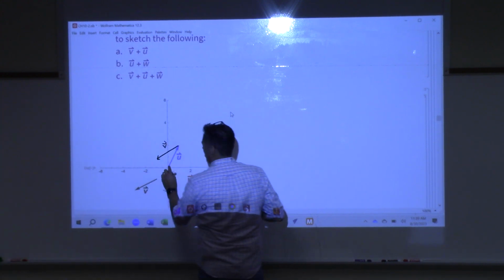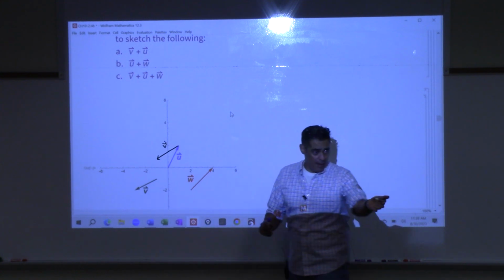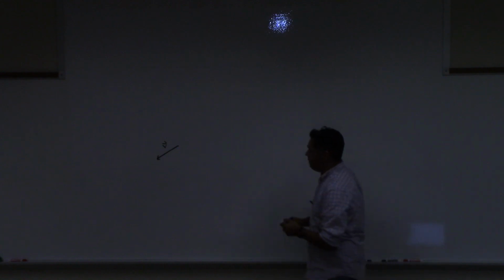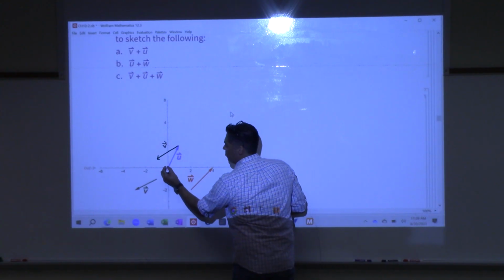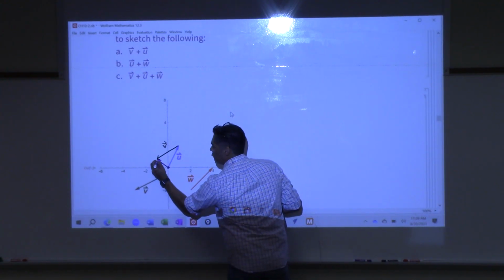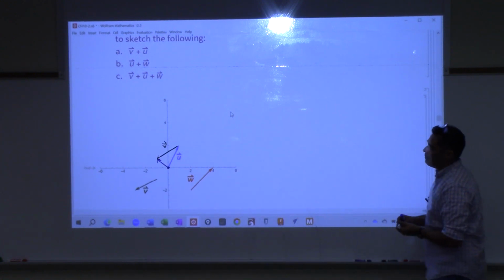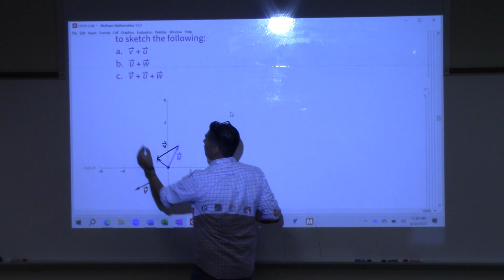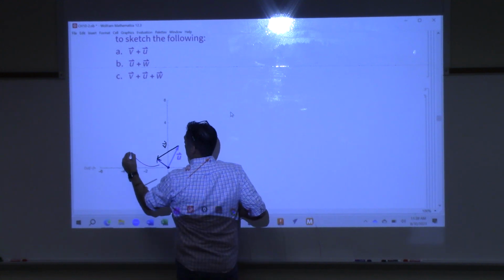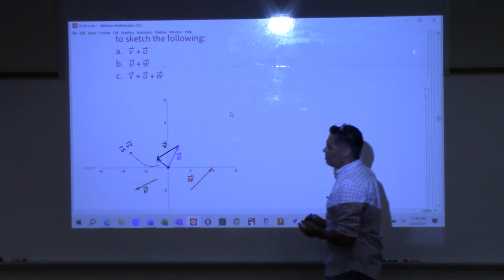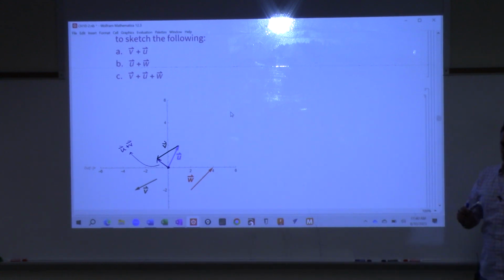So that's my U plus my V, and now the resultant vector should start from the tail that I have here to the tip of this right here. That would be U plus V. Is U plus V the same as V plus U? Yes, it's commutative, right? Because it doesn't matter which order we do this.